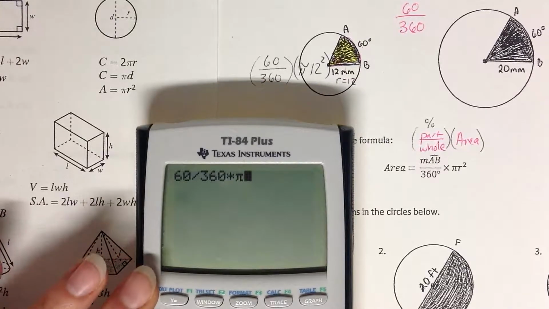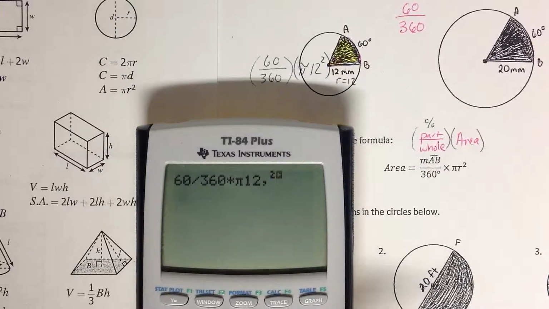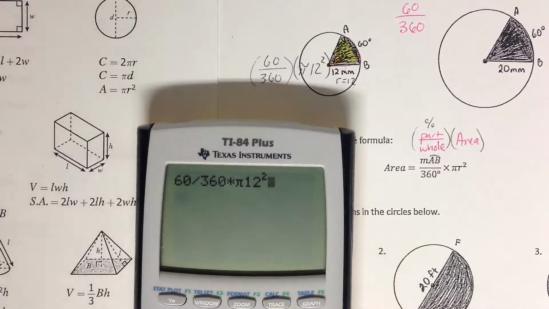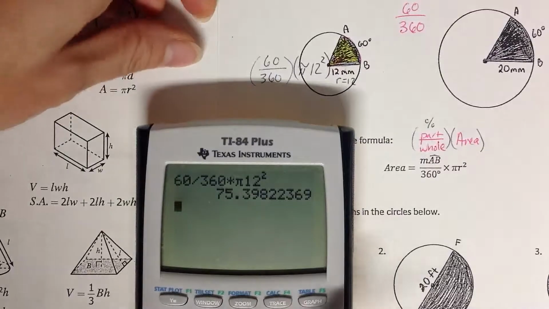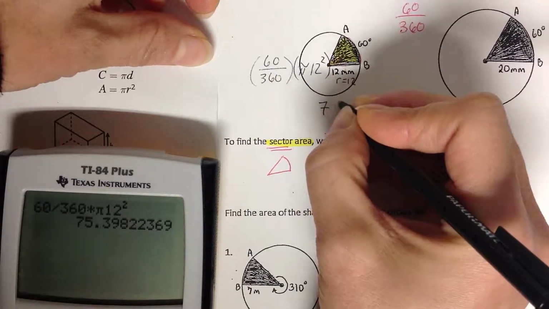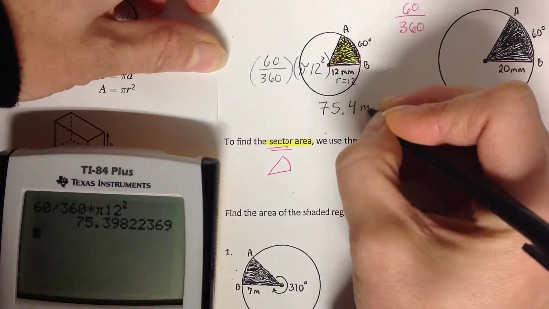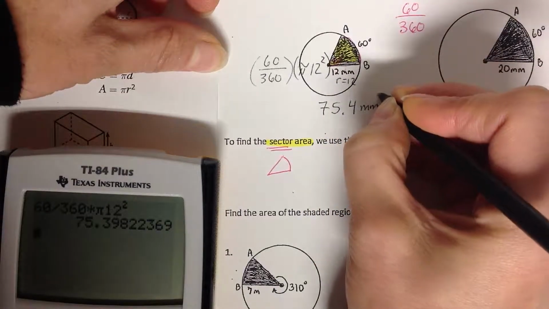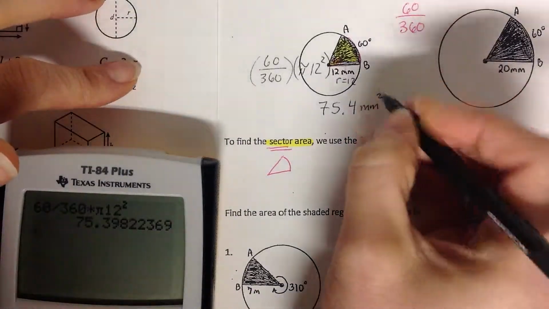Pi 12 squared. Okay, pi r squared. So our area here is going to be about 75.4, and this is in squares, so we're using square millimeters.